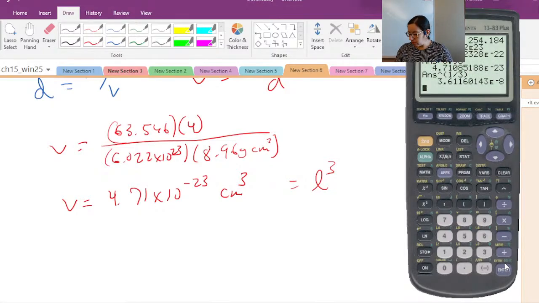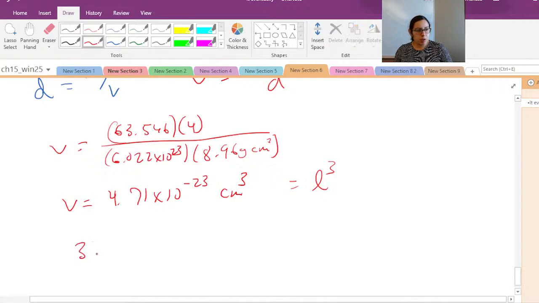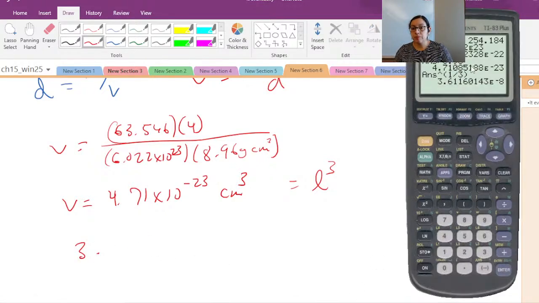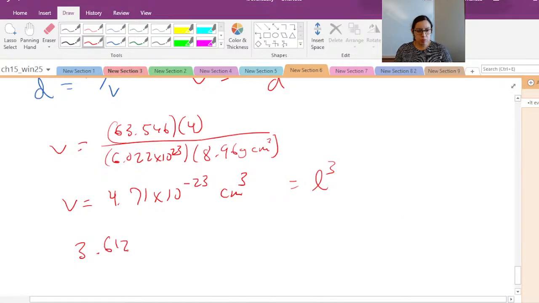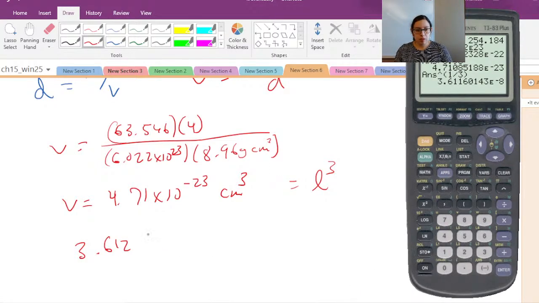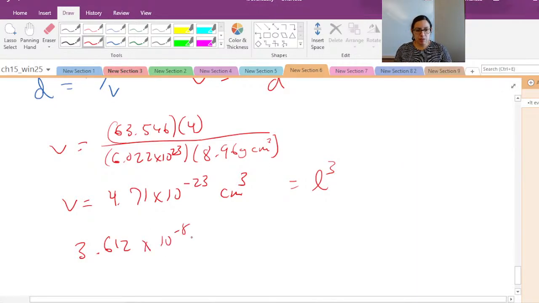So now I have 3.612 times 10 to the negative 8th, and we're still in centimeters now, is equal to our L, which is equal to 2 times the square root of 2r.